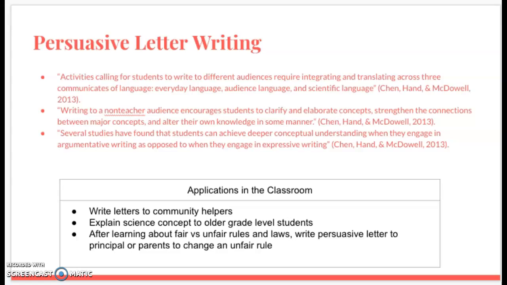Students could write persuasive letters to the principal, to parents, to government to change rules that they think are unfair. Similarly, as we learn about community helpers, students can write letters asking questions, deepening their thinking, as well as explaining concepts that they've learned to older or younger grade levels, again, to become the expert.